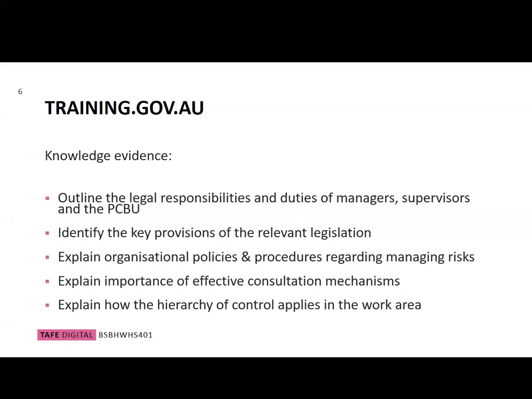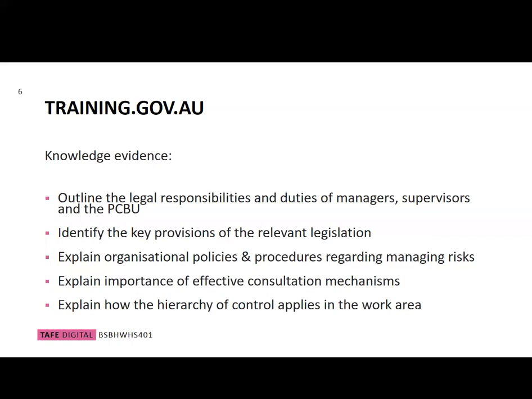You need to be able to identify the key provisions of relevant legislation. Legislation includes not just the WHS Act, but also the WHS regulations that are relevant in your state or territory, or OHS regulations for Victoria and Western Australia. The codes of practice as well, or compliance codes as they are in Victoria.